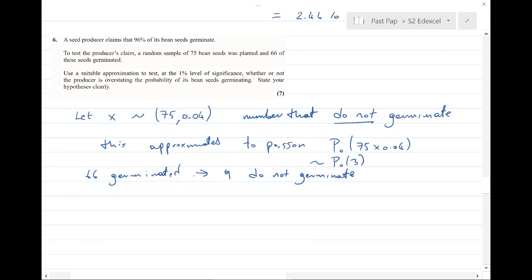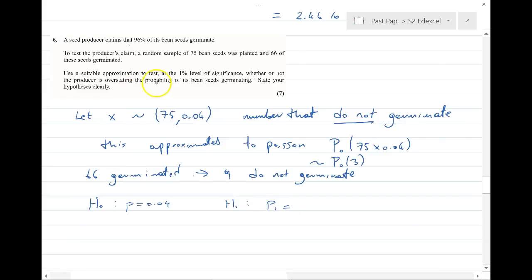So let's set up our hypothesis now. Again, there's flexibility here. We can write it in terms of our original 96%, but I'm going to write that H0: p equals 0.04, and H1: p is greater than 0.04.